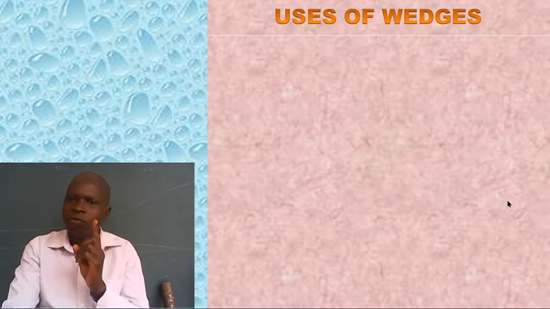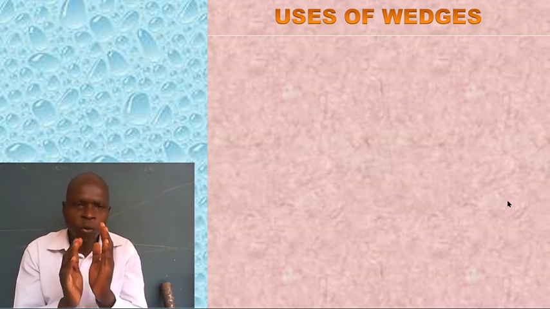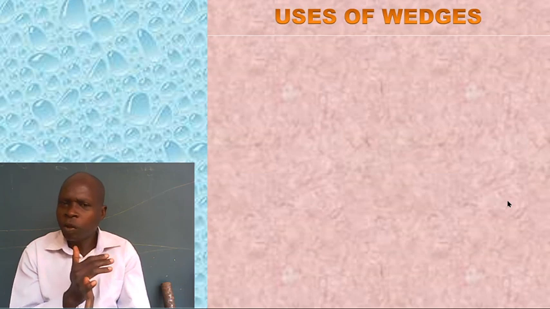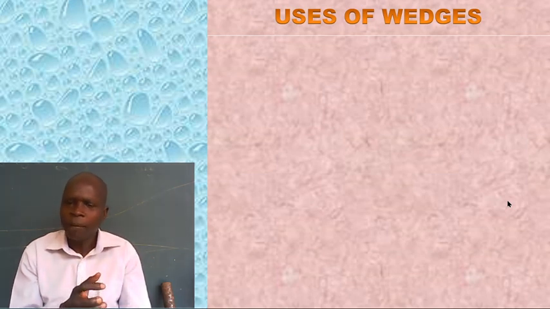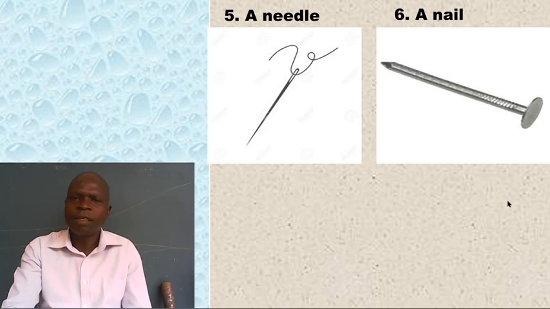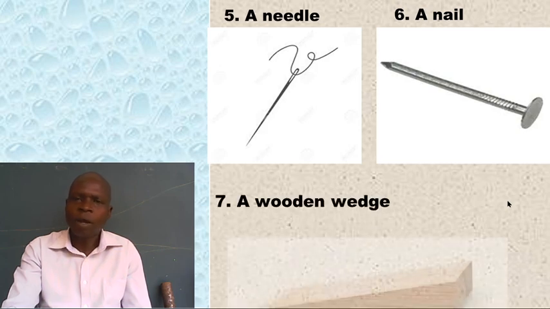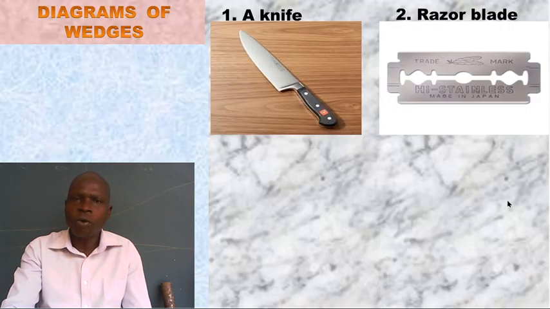They can ask you to draw an illustration of a wedge, that is, draw a diagram to show how a wedge looks like. There you cannot draw a knife, you can't draw a panga, you can't draw a razor blade. Illustration means to show how a wedge looks like. The diagram is like this wooden one here. So when they say how a wedge looks like, this is what you draw.